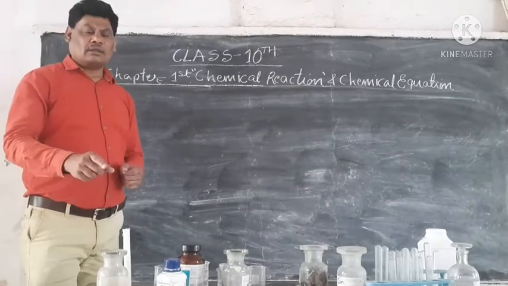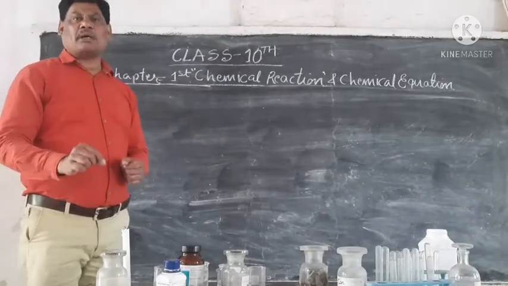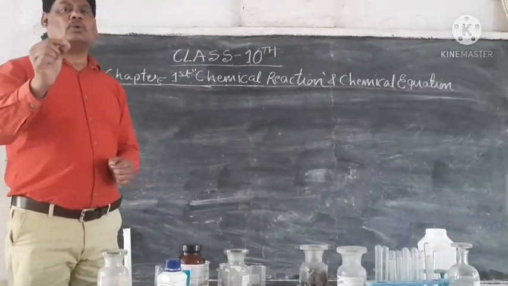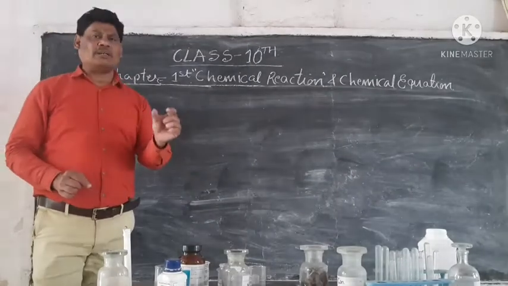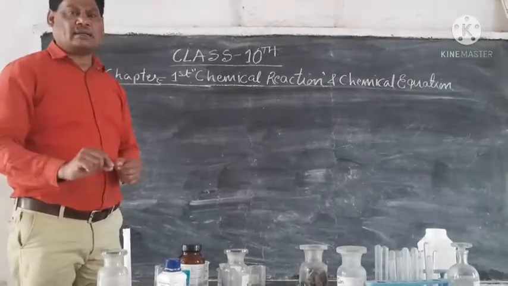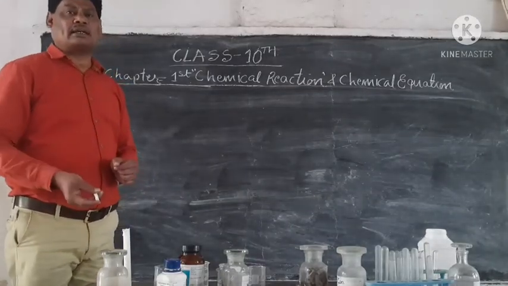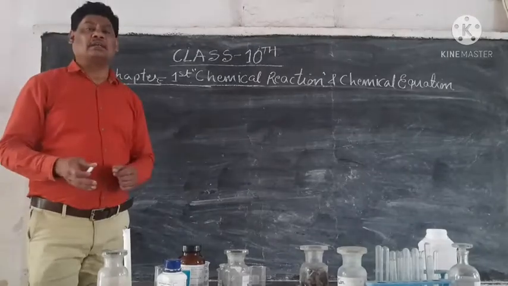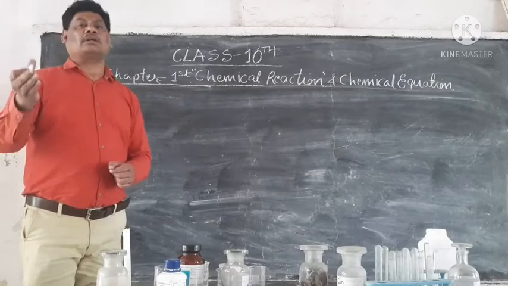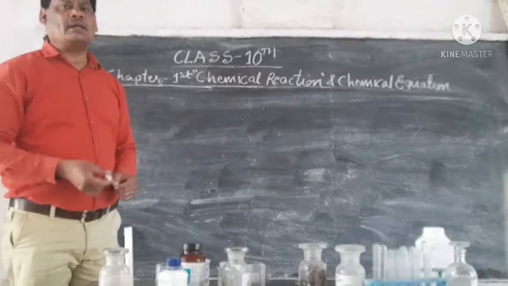One more activity, the wax candle is ignited by me and we observe that the solid wax first converts into liquid wax, the liquid wax converts into vapor, and then the vapor, when ignited, reacted with atmospheric oxygen and converted into carbon dioxide. That is, a new substance is formed. Wax is a carbon compound, and oxygen present in the atmosphere when reacting with it converts it into carbon dioxide.